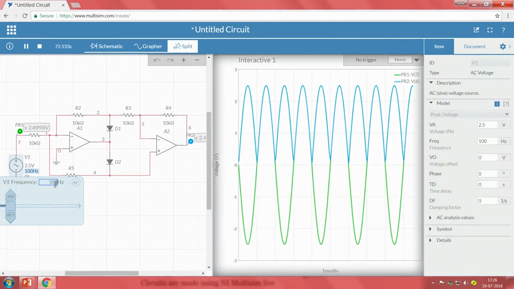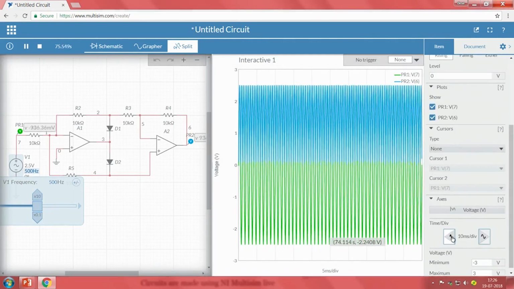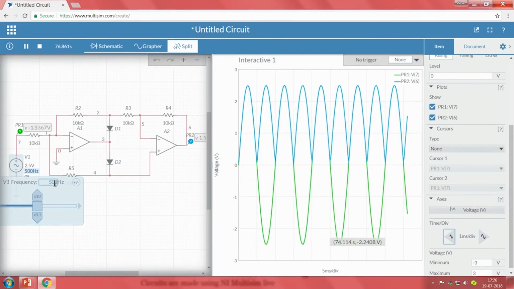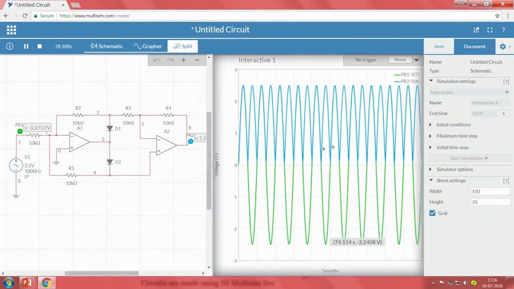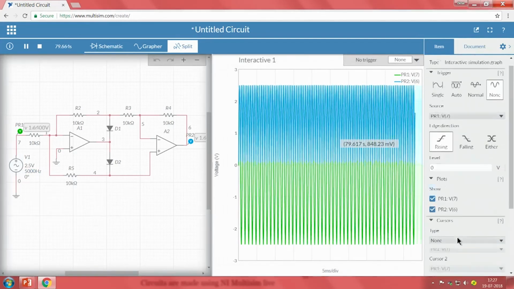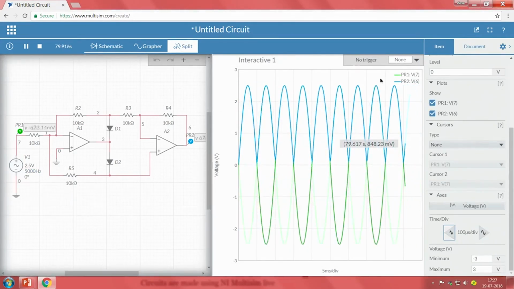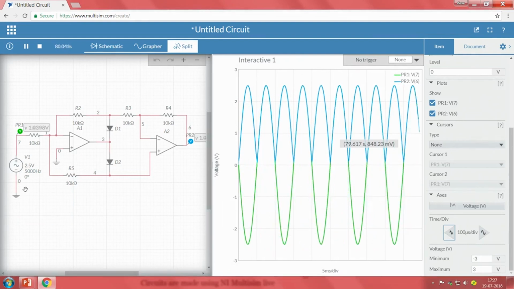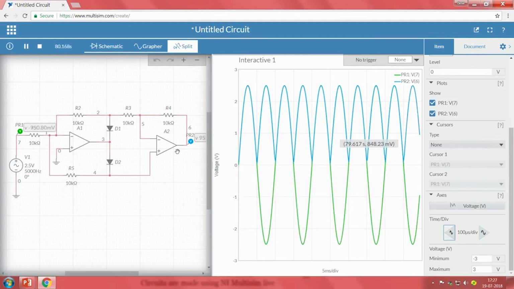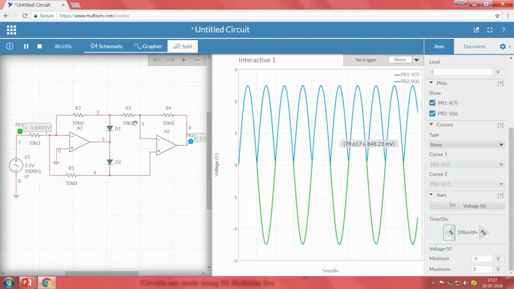I will go with 500, and 1000, 1 kilo looks similar, then I will go to 5000. We can clearly see that no matter what frequency the op amps can be operated in, this particular circuit is completely converting it to full wave rectification.